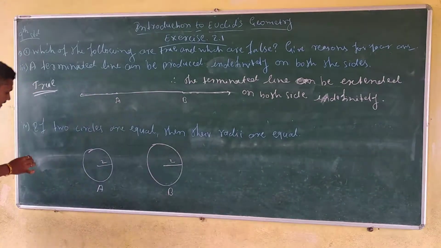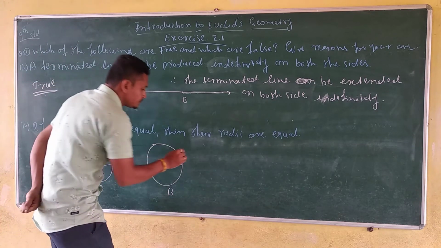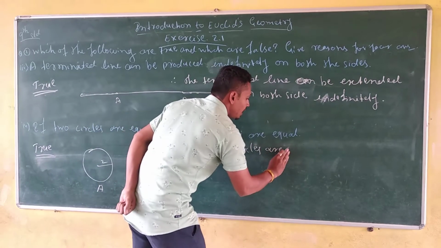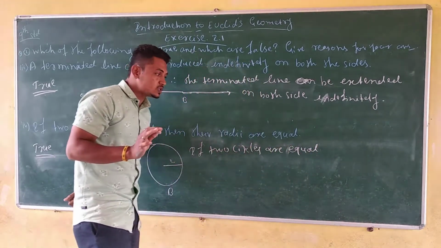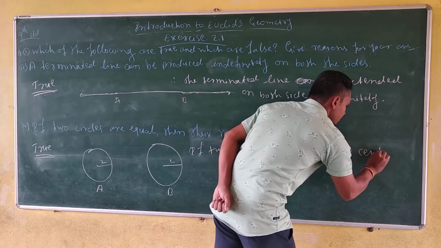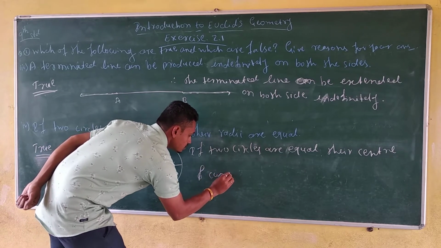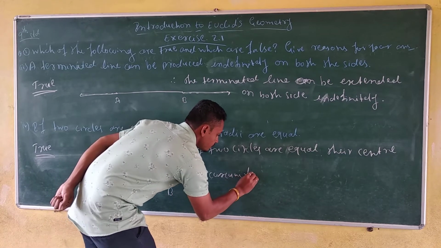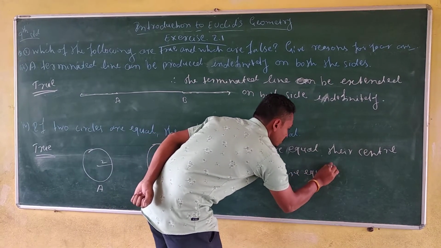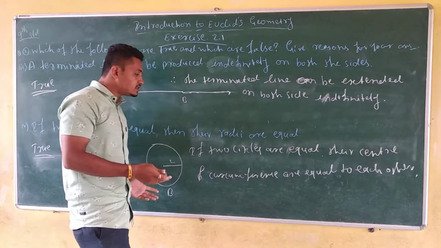So this statement is true. Why true? Because if two circles are equal, their center and circumference are equal to each other.